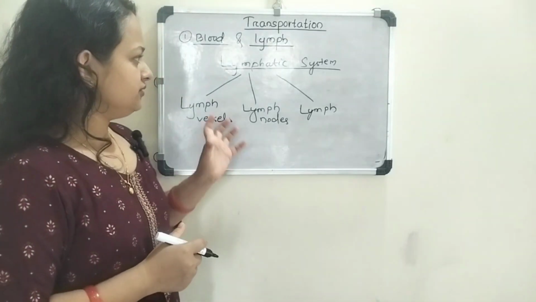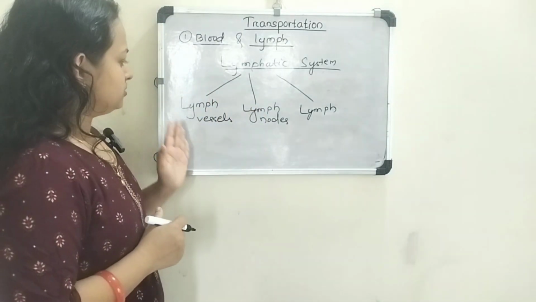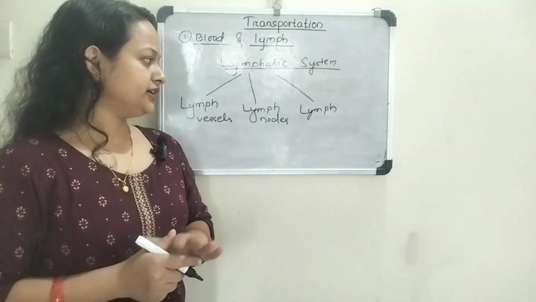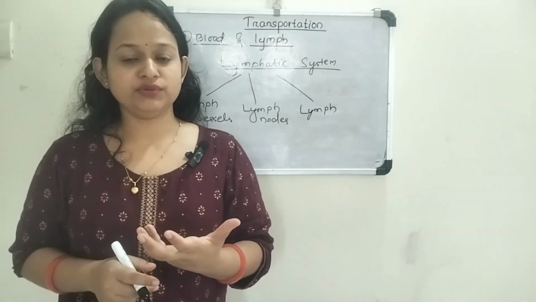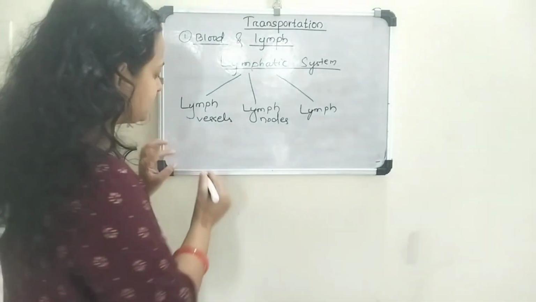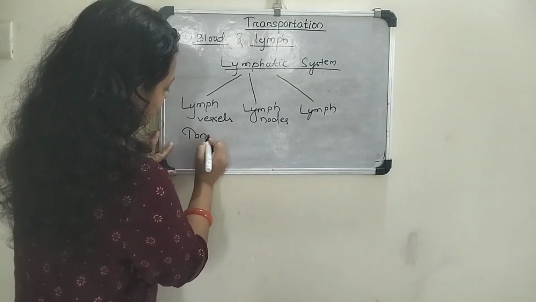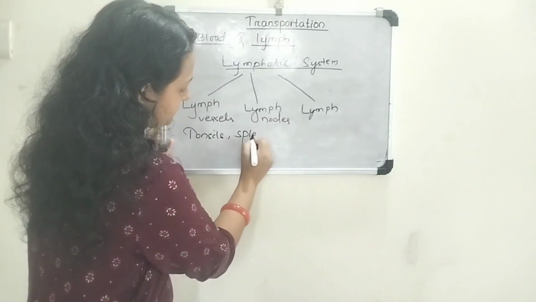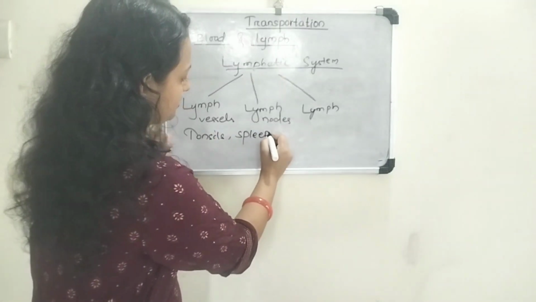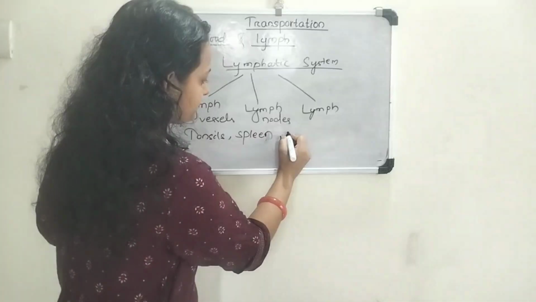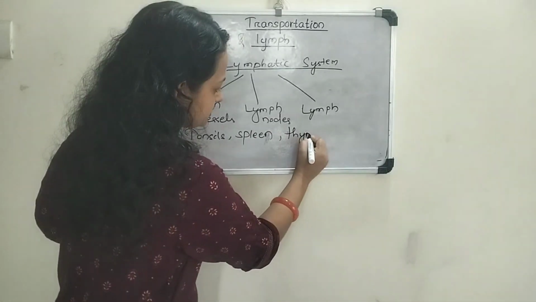So the lymphatic system includes lymph vessels, lymph nodes and lymph, and the important organs of the lymphatic system are the tonsils, spleen and thymus.